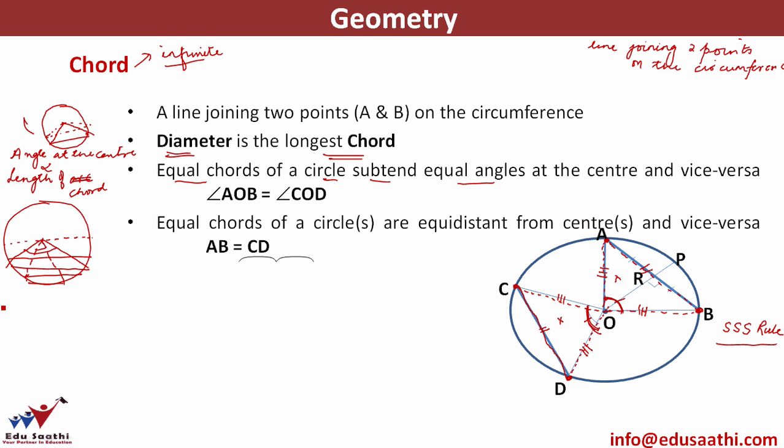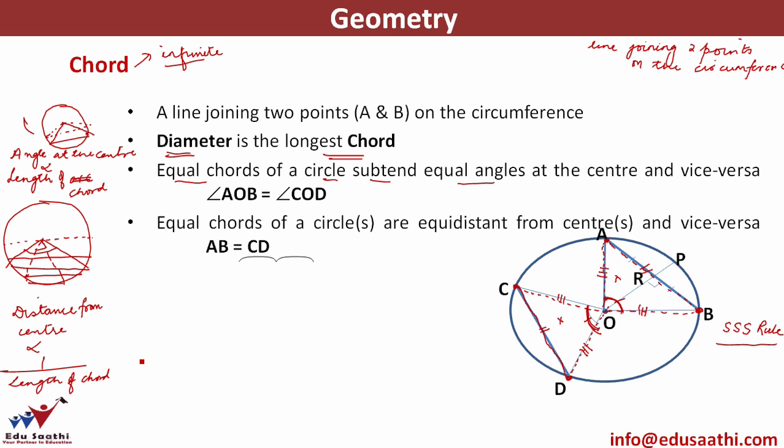So I would say the distance from the center, and I am always talking about the perpendicular distance, is inversely proportional to the length of the chord. So the longer the chord, the closer it is to the center; the shorter the chord, the farther it is from the center.